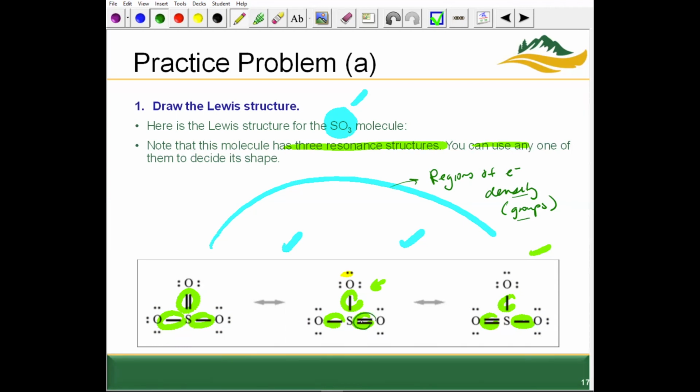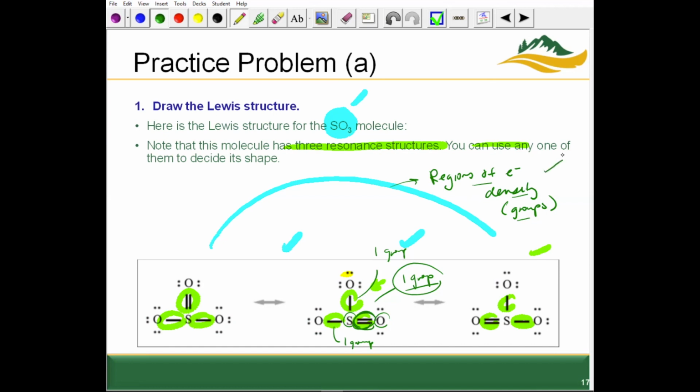A double bond just counts as 1 group or 1 region of electron density. Single bond, another group. Single bond, another group. A double bond altogether still just counts as 1 group because it's just 1 atom that's bonded to the central atom of sulfur. This double bond is all in the same space, so it just counts again as 1 region of electron density off the central atom.